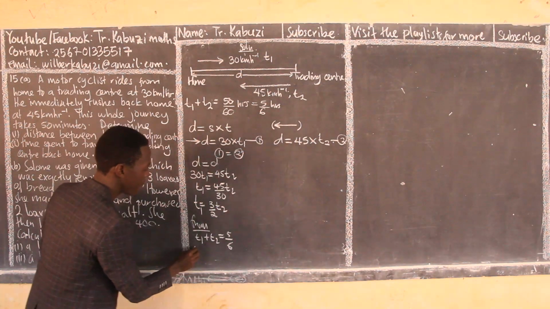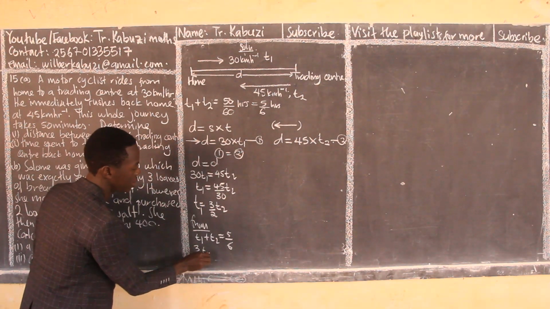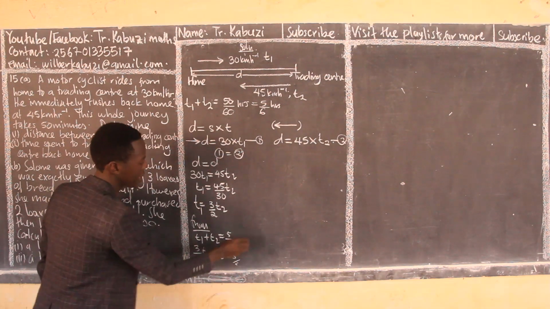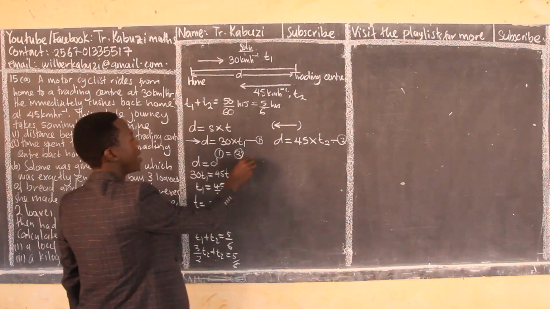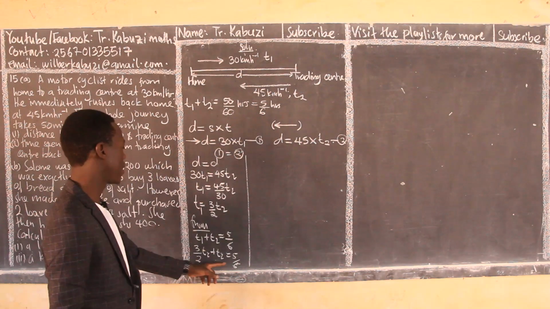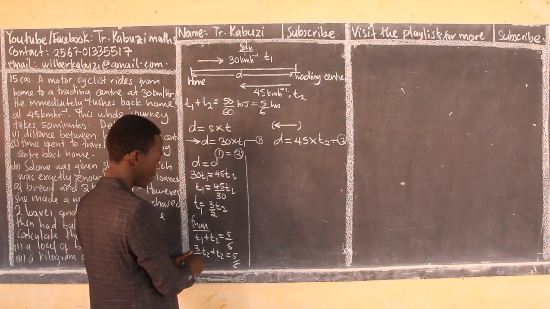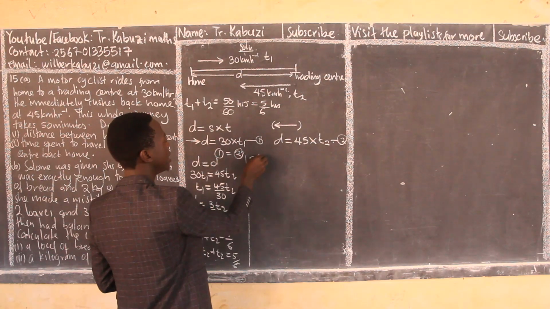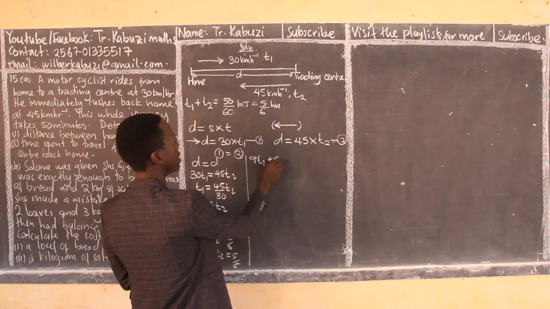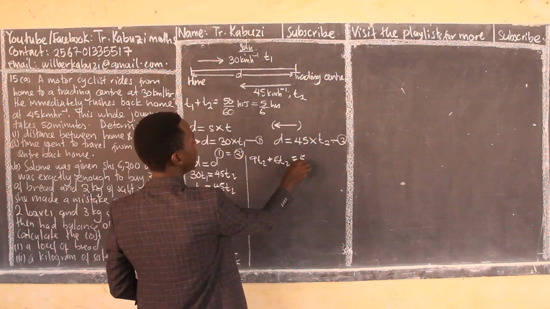So from there, my 3/2 T2 plus T2 will be equal to 5 over 6. Now from here, if I multiply through by 6, the 2 will cancel, I'll be having 9 T2, plus multiply here by 6, I'll be having 6 T2, and multiply here by 6, I'll be having 5.